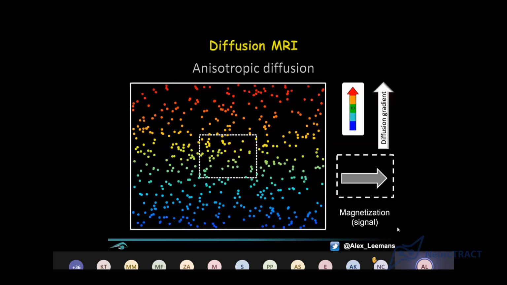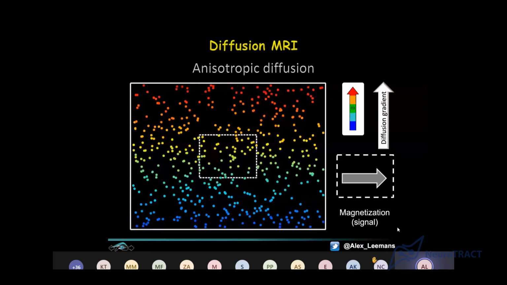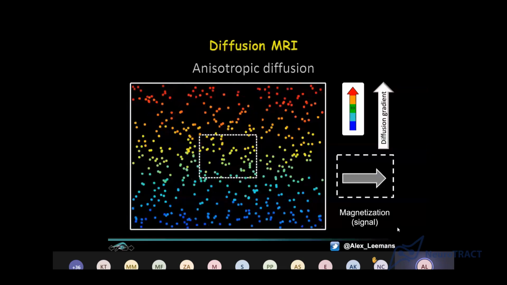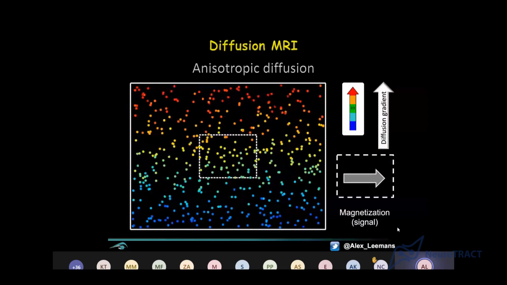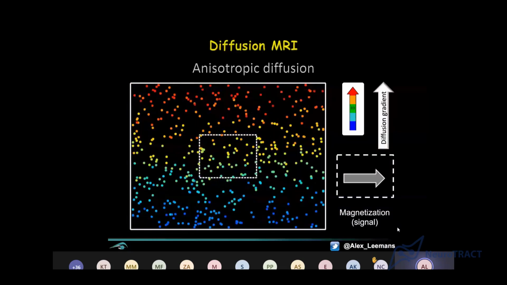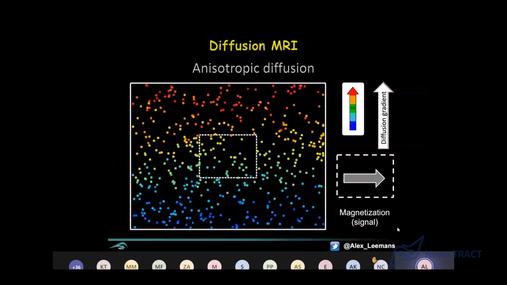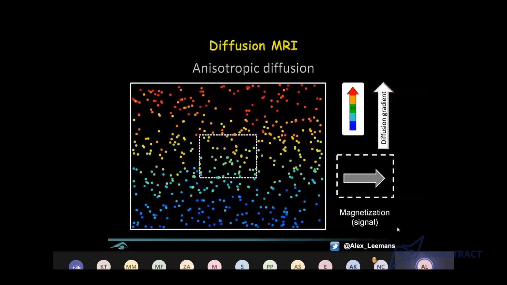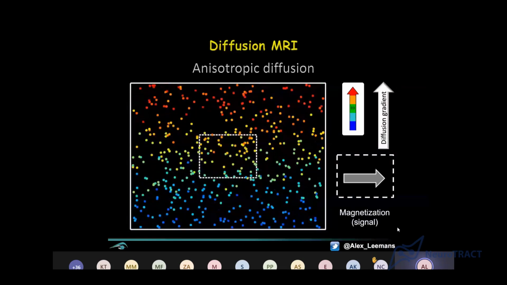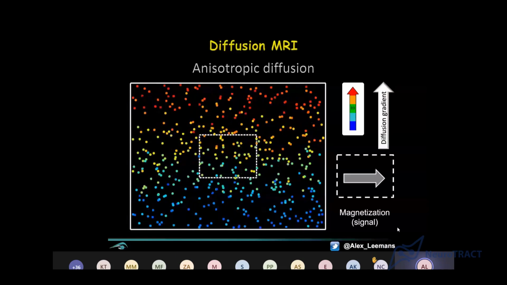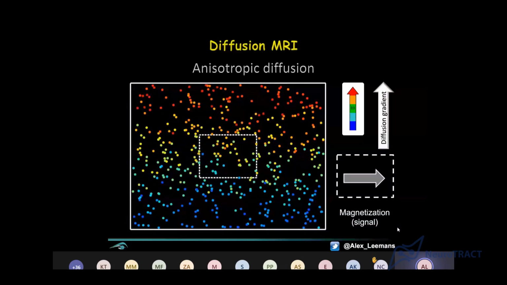And so what happens now, as you can see, within this dashed box, you will still get roughly the same colors. It might happen that some other molecules with a different color get in there, so there will be a little bit of dephasing. So this magnetization will be a little bit smaller, but not a lot. You'll see that the signal will still be large because not a lot of molecules with different frequencies will be in that little box.